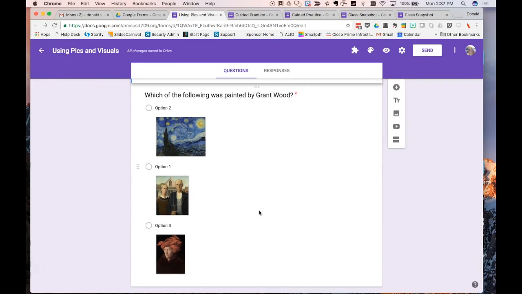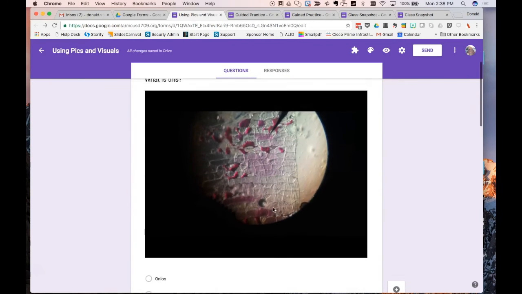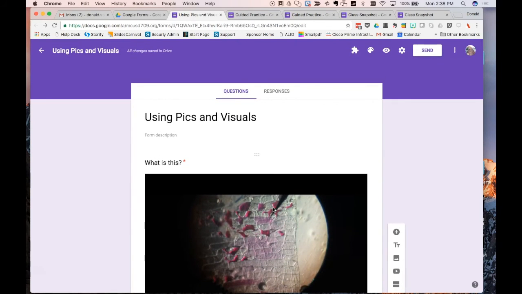I did this, which of the following was painted by Grant Wood? And again, if you're that art teacher and you've talked about this, it can be a way of assessing knowledge. But it can also be a way of being a repository of visuals, of videos.